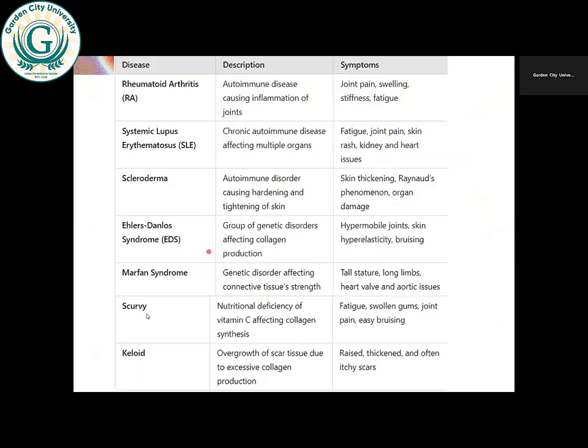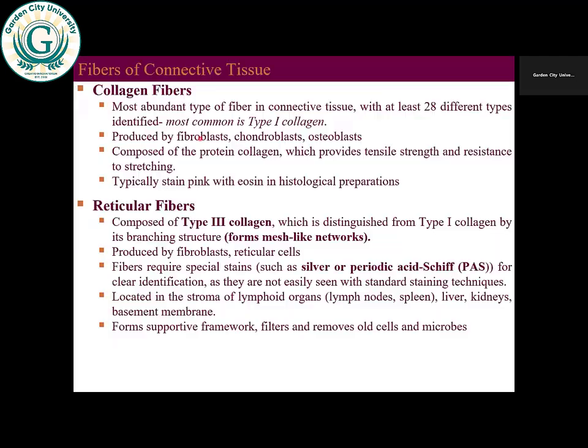It is an overgrowth of scar tissue due to excessive collagen production. Then look at scurvy, which we know to be a lack of vitamin C. This is because vitamin C is needed in collagen synthesis. Even rheumatoid arthritis has been linked to these collagen fibers.